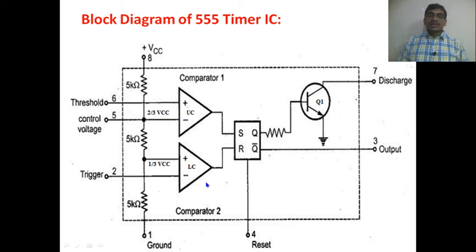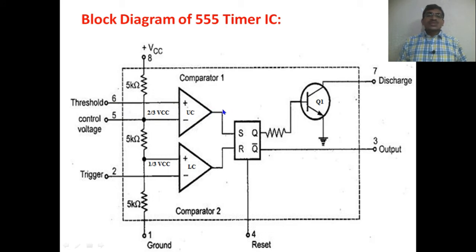So for the lower comparator we have only one input from the outside, the trigger, but for the upper comparator we have two inputs from the outside: one is the control voltage, another is the threshold. This control voltage may or may not be given. If it is not given, the voltage at the inverting terminal is 2/3 VCC. If it is given, it will vary accordingly.